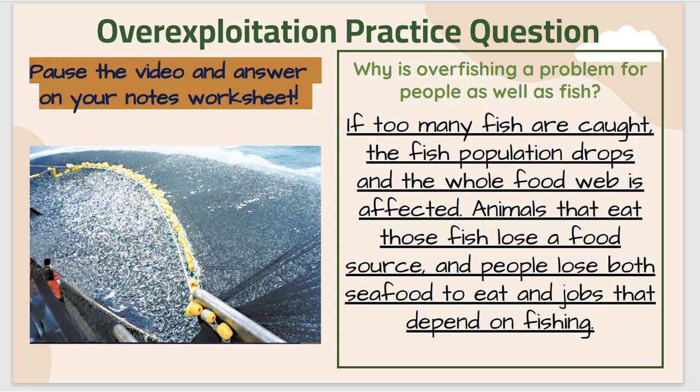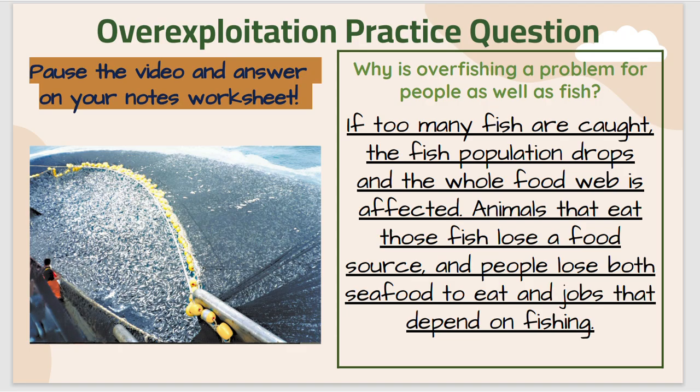And then the people within that area, if that ecosystem gets overfished to the point where the habitat is destroyed and there is no more fish left to be fished for, then all of the jobs that existed in that area no longer exist, and all of the people that relied on that seafood are no longer going to have that source of seafood there.